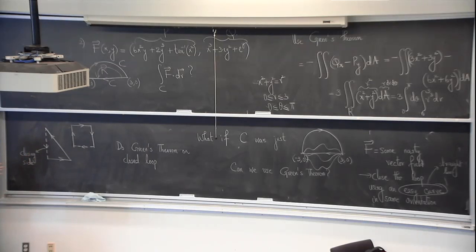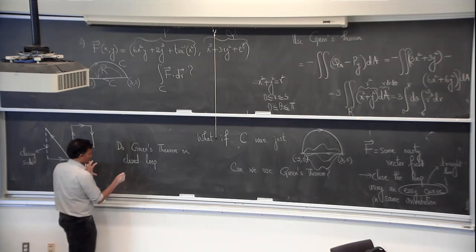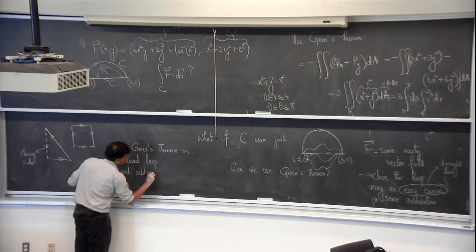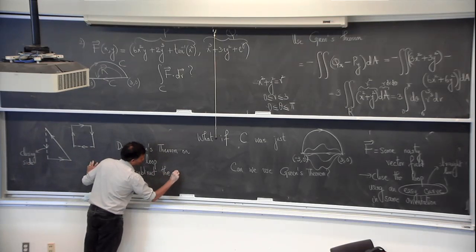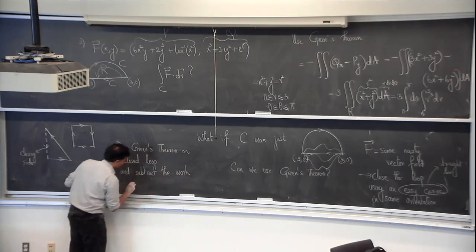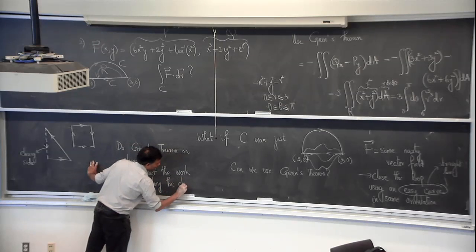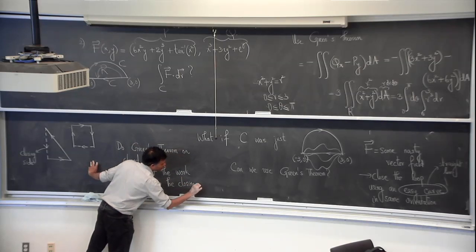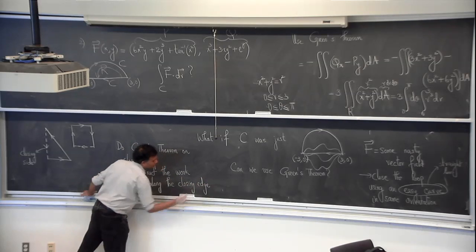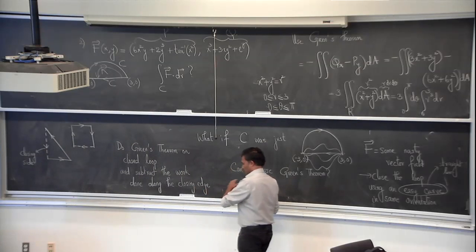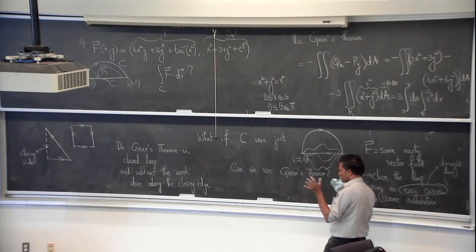That was not in the problem, so it shouldn't show up in the answer. So subtract the work done along the closing edge. Usually that would be easy to do because you're either on the x-axis or the y-axis. A lot of things are convenient for that particular integral.